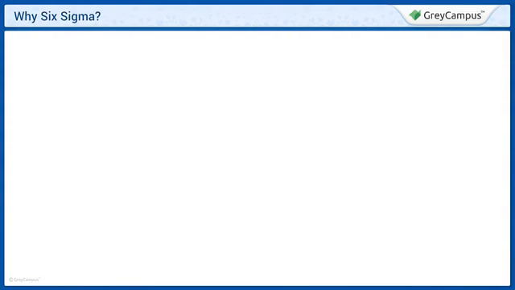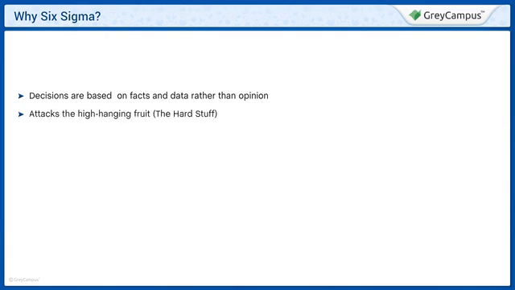Six Sigma is a disciplined and data-driven approach. That is why decisions taken with the help of Six Sigma tools and techniques are based on facts, figures, and the relevant data. These decisions are never based on gut feeling or any personal opinion. Six Sigma methodology attacks high-hanging fruits. High-hanging fruits are the complex problems or hard stuff.